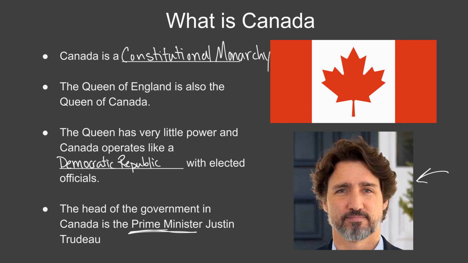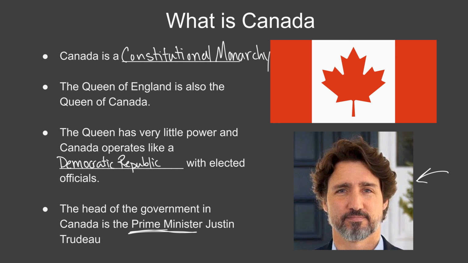Instead, you would either vote Democratic or vote Republican or vote for something like the Libertarian Party that's outside of the main two. And then if that party won, then the party gets to decide who the prime minister is. So it's similar to a president, but the election process is a little bit different. And a prime minister is also not the head of state, so is not truly in charge of their government.